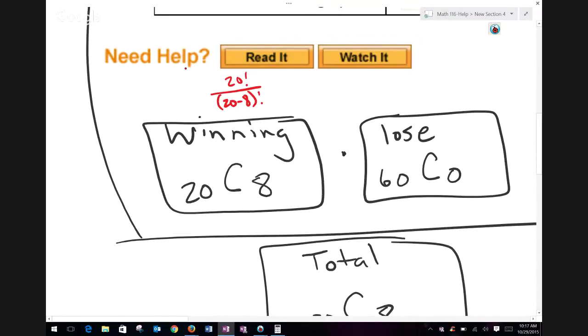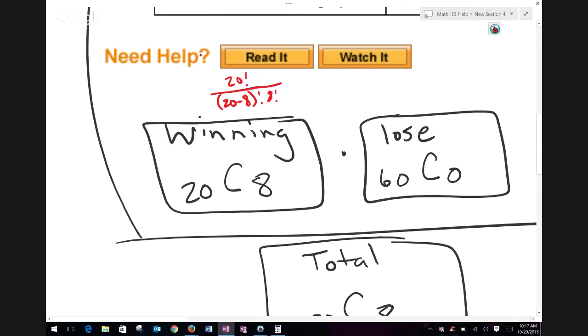Make sure I tell you that correctly. Oh yeah, divided by 8 factorial. Sorry about that, because it's dividing out the repeats.